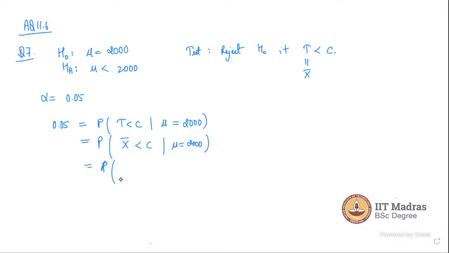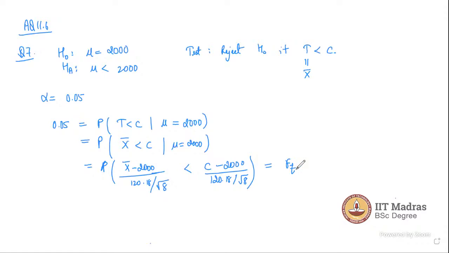So we'll subtract 2000 and then divide by 120.18 divided by root 8. So this is going to be less than C minus 2000 divided by 120.18 divided by root 8, and this is going to be F_T.